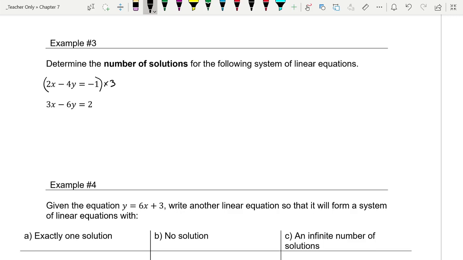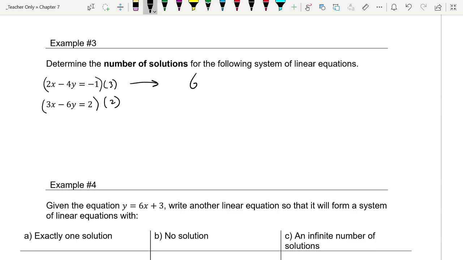And then I'll times this, oh, I shouldn't use an x for multiplying. Bleh. There we go, 3. Then I'll times this equation by 2. You get where I'm going here, right? Then both of my leading terms will be 6x, and then I can subtract them and eliminate x. That's my plan.